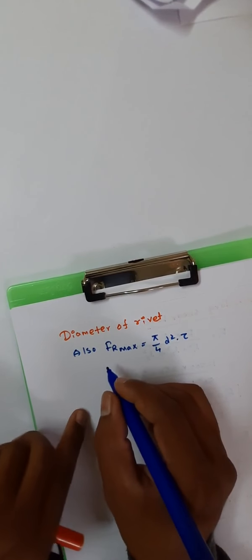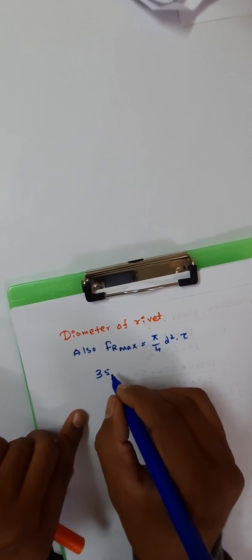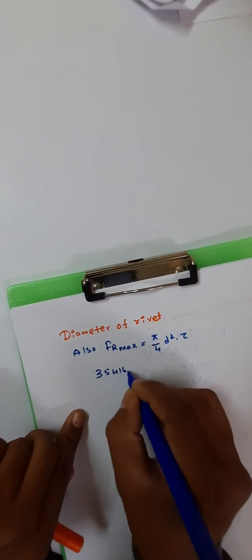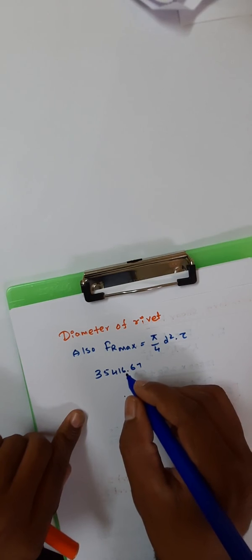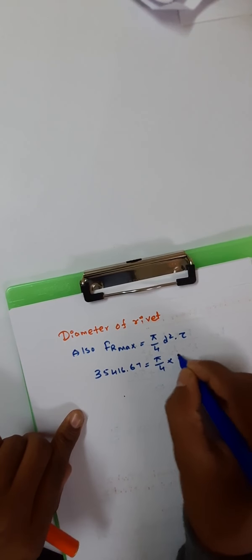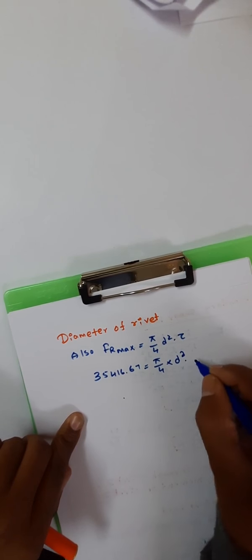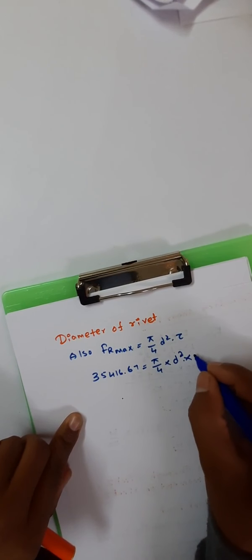We know the value for F R maximum, that is 35,416.67 newtons, equal to pi by 4 into d square, which we need to find out, into tau, the allowable shear stress given in the problem for the heavily loaded riveted joint, that is 56 newton per mm square.